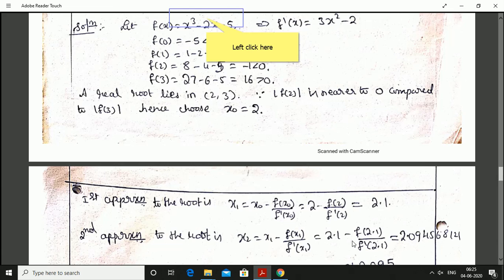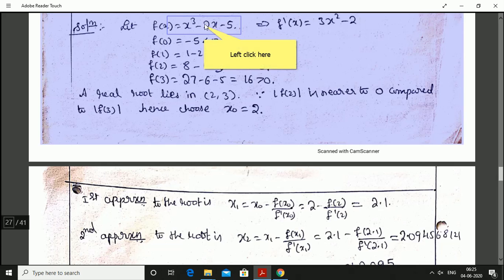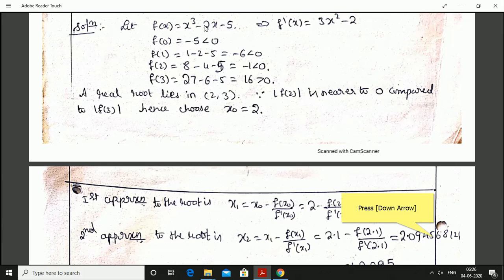F of 2.1 means 2.1 is stored in the answer key. Answer power 3 minus 2 into answer minus 5. That is f of 2.1. Look at the equation and wherever x is required, you press the answer key.